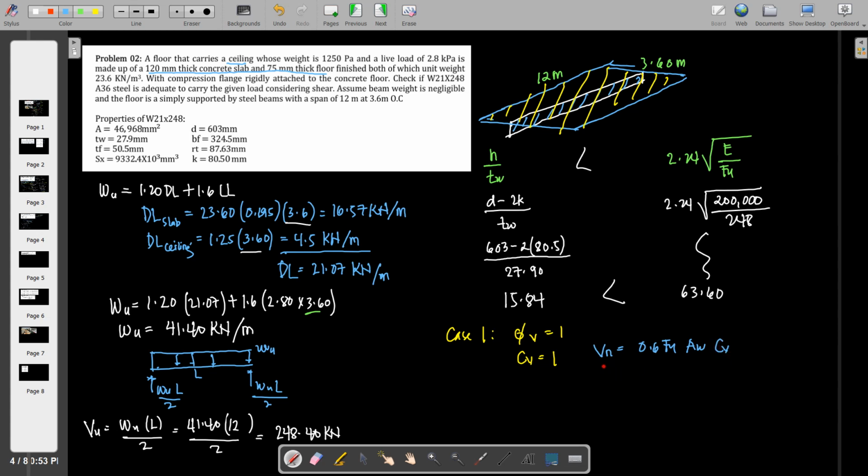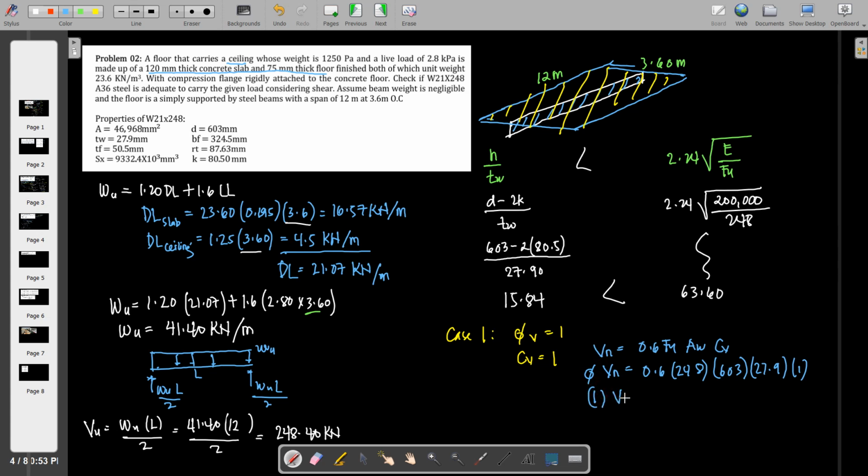Okay, so Vn is equal to 0.6 of 248 times overall depth 603 multiplied by the thickness of the web 27.9. Ito, 1 lang yan. Okay, so lagyan na natin ng phi dito. So 1 lang naman yan.